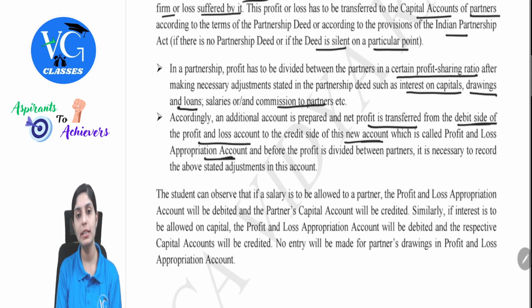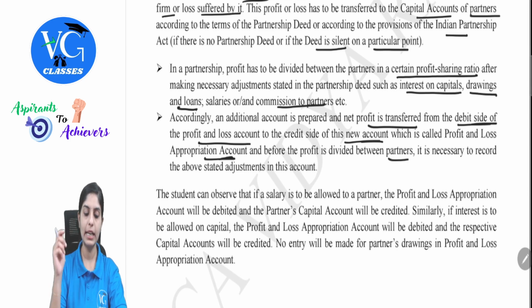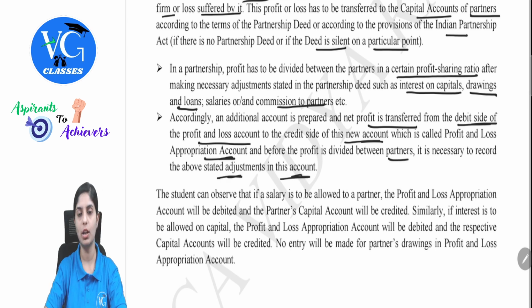And before the profit is divided between partners, it is necessary to record the above stated adjustments in this account. When it comes to the format, it will have the same format as we have understood with the profit and loss account. After we understand everything point by point, you will also observe the format of the profit and loss appropriation account and how the relevant items are recorded.